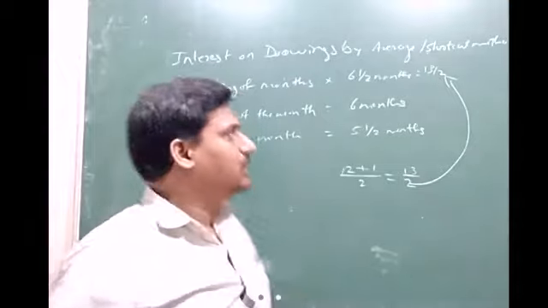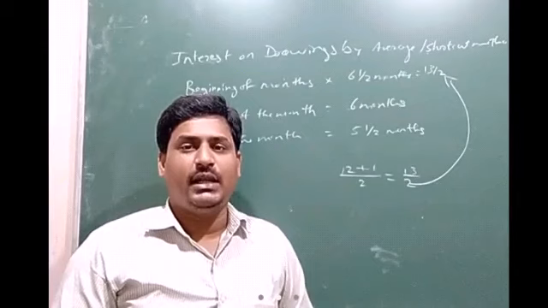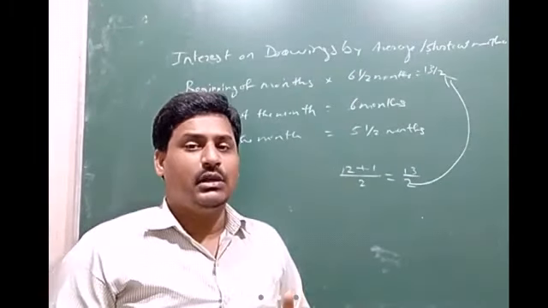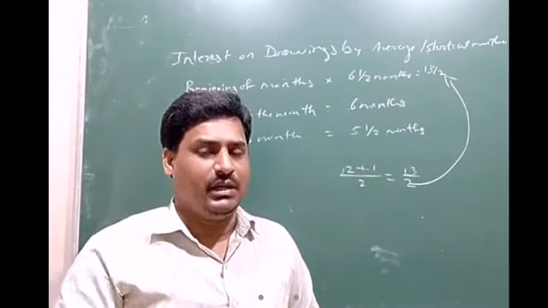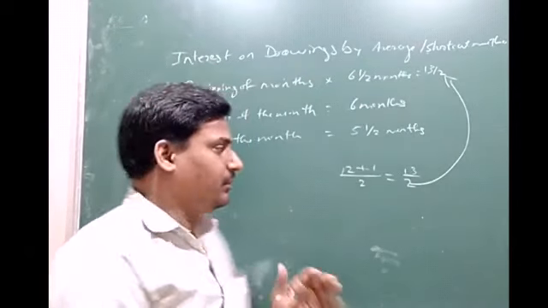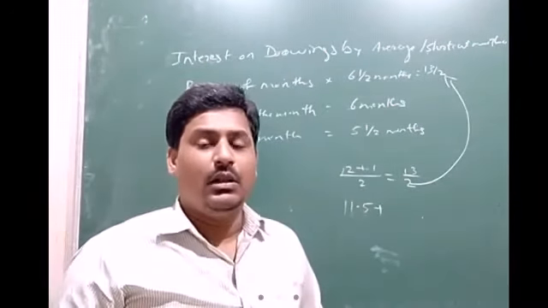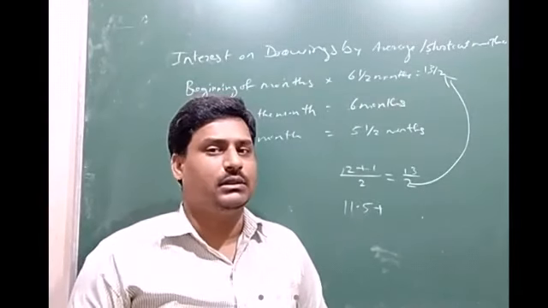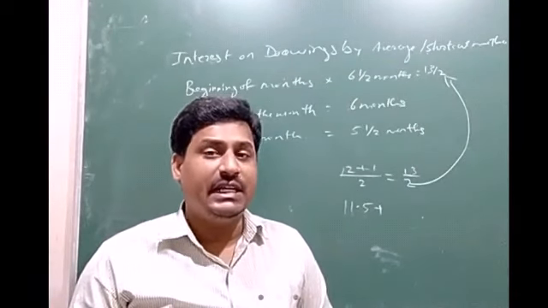Okay. Second, 15th of every month. Suppose the first withdrawal is on April 15th. So April 15th means 11.5 months is the highest period. Highest outstanding 11.5 months. So 11.5 plus the last withdrawal, which will be on March 15th. From March 15 to March 31, only 15 days are left.